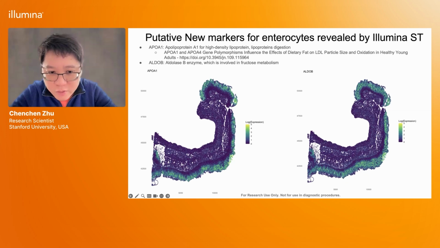And if you look closer, there is a little bit of layering. For aldolase B, it's more prominent at the base of the crypt. So if we were to do a gradient analysis, this would pinpoint us to the transcripts that are correlated along the crypt-to-villus axis, for example. And this is ongoing work.